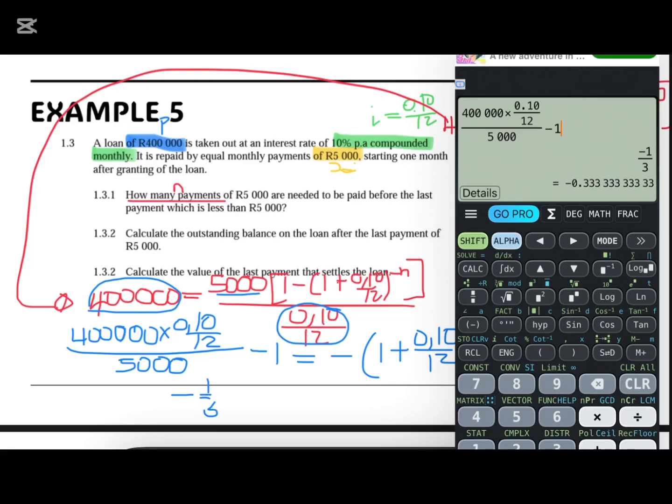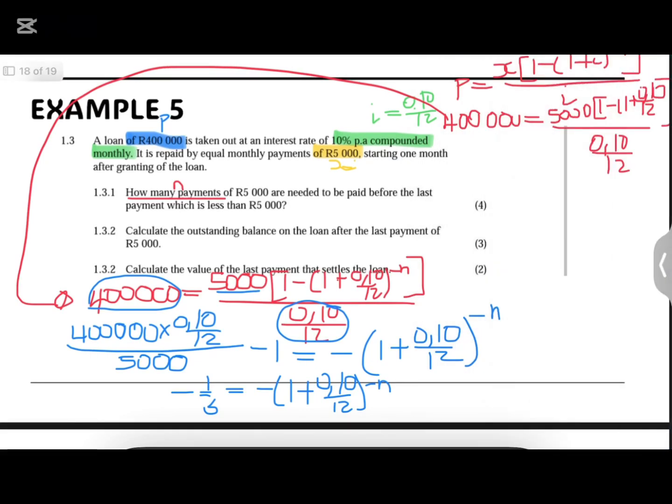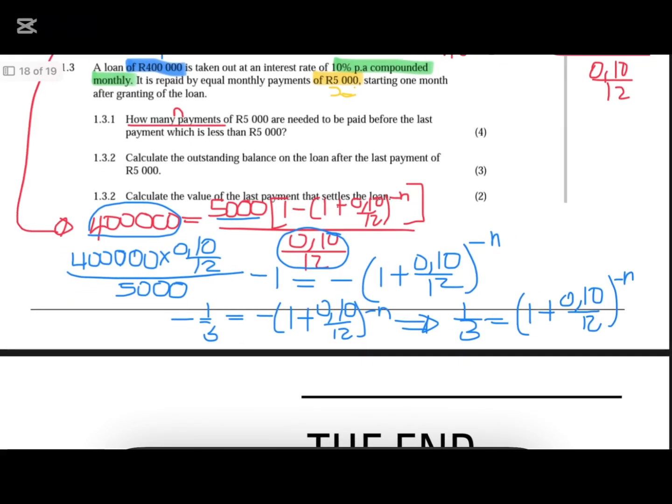So in that case you get negative 1/3, which is equal to negative into 1 plus 0.10 divided by 12 to the power negative n. Which is the same as 1/3 equal to 1 plus 0.10 divided by 12 to the power negative n, since you multiply both sides by negative. So now in that case you can solve for the value of n.